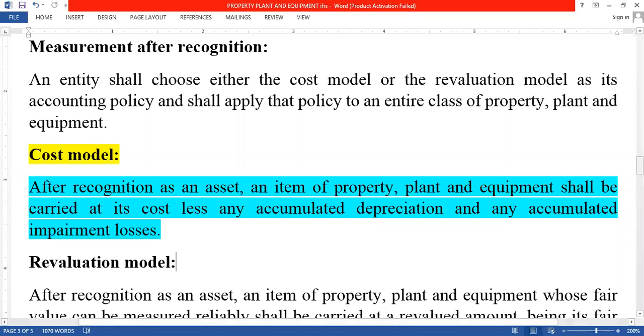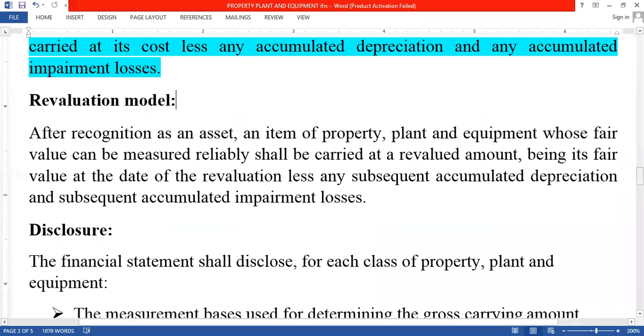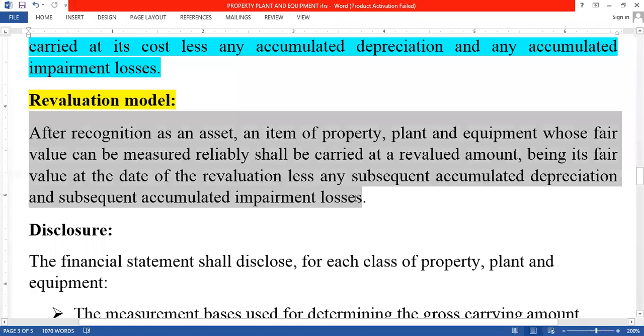Next, we move on to the revaluation model, another model we take into consideration while measuring an asset.